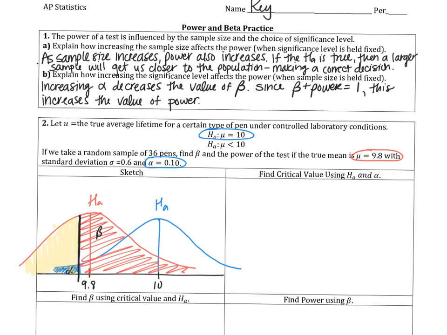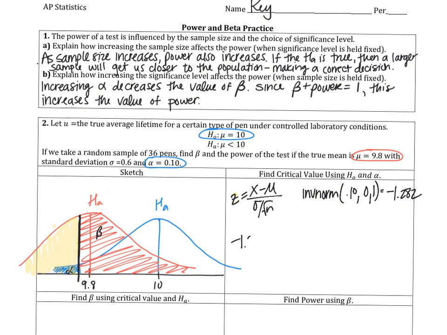So let's find out that value using z-scores. It's gonna be z equals x minus mu over sigma over root n. And I know that that alpha over here is 10%, so I can use inverse norm to find out what that value is. 0.10 gives me a critical value of negative 1.282.